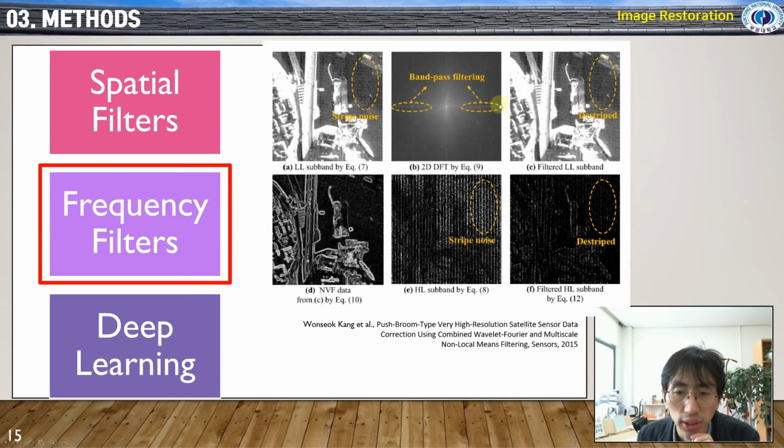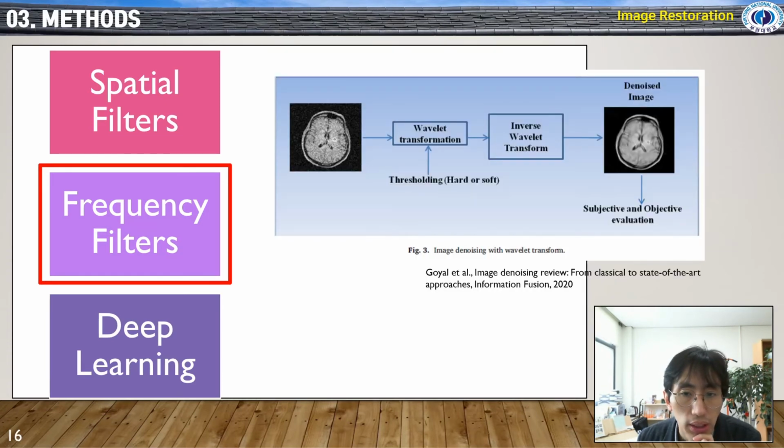We can remove this area and revert the DFT image into XY space. Then we can get the noise removed image here. Okay, this is how the frequency filter works.